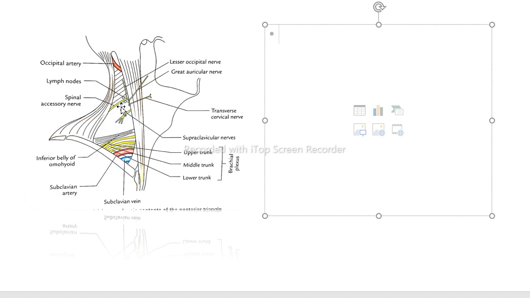So when there is an injury to the roof of the posterior triangle, it may result in a lesion of the spinal accessory nerve.